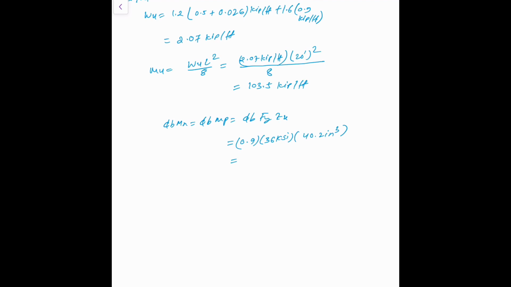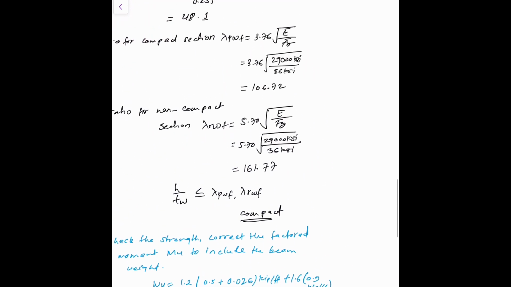This gives us 0.9 times 36 times 40.2, which equals 1302.48 kip-inches. Converting it into feet, dividing by 12, we get 108.54 kip-feet, which is greater than the required moment, so our section is okay. So this is our final.